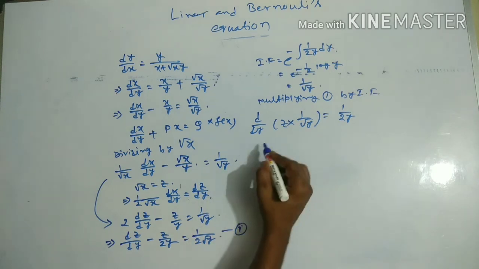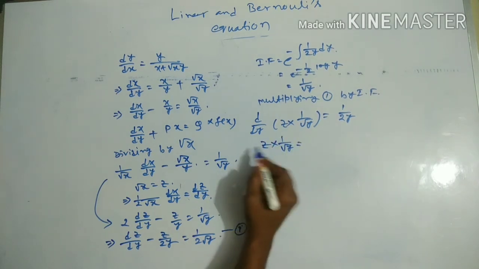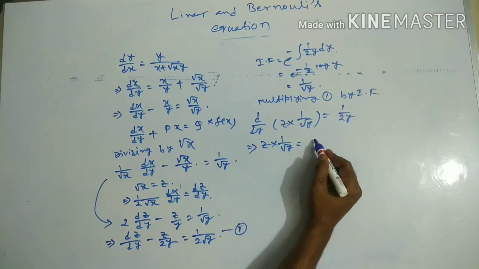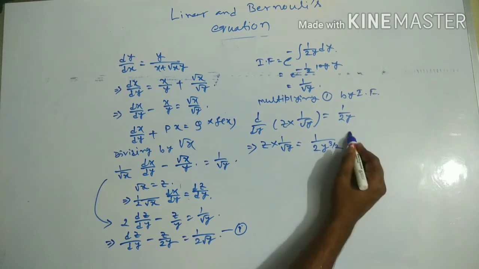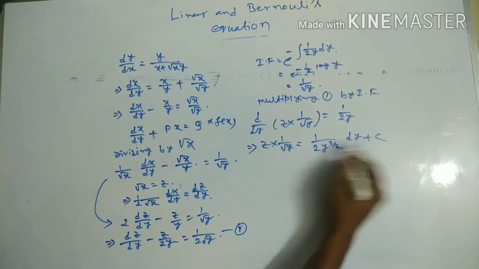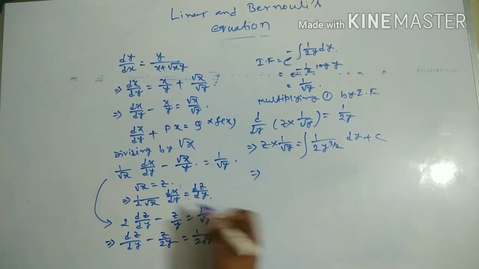Now integrating both sides, we get z into 1/root y equal to the integration of 1/(2y^(3/2)) dy plus c. So the value of z is root x.